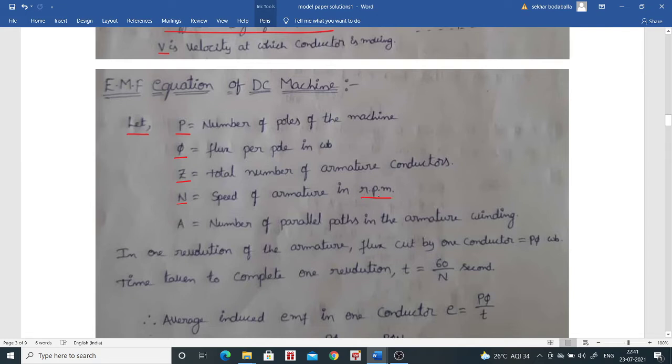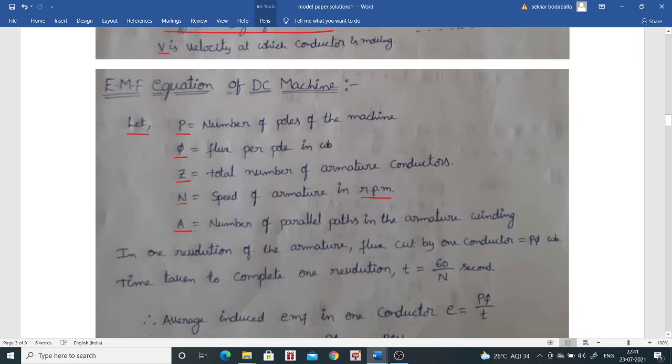RPM means revolutions per minute, and these Z conductors are arranged in two types of windings we have discussed: one is wave winding, another one is lap winding. Based on the nature of the winding, all the conductors, that is Z number of conductors, will be arranged in A parallel paths.